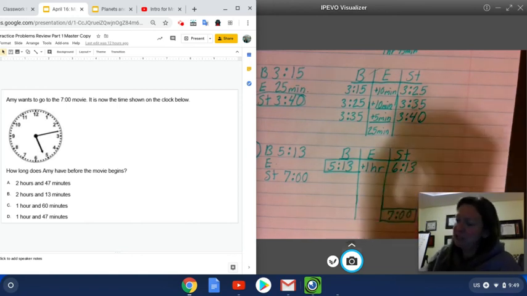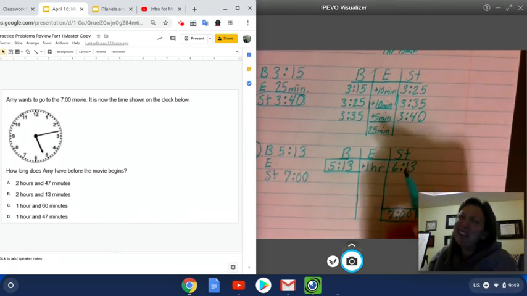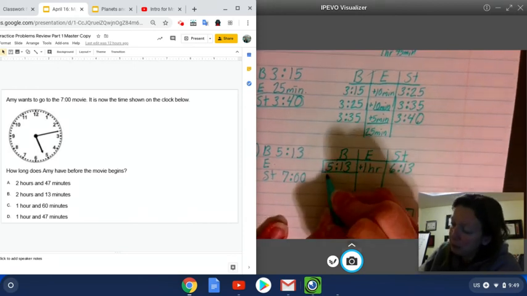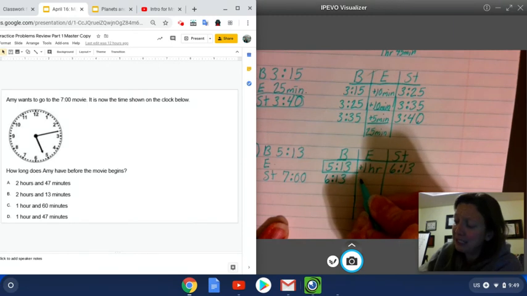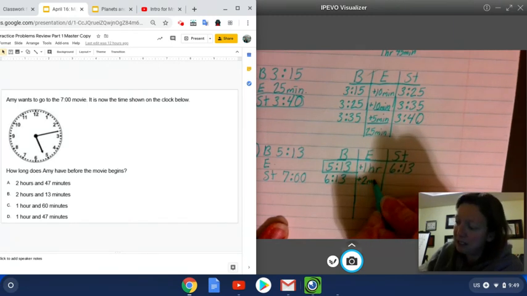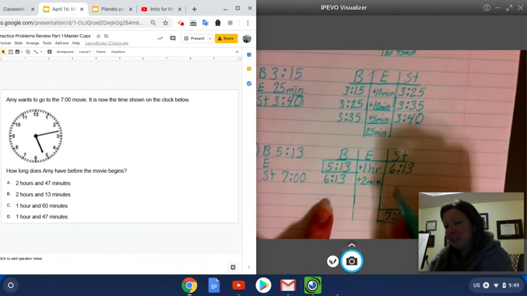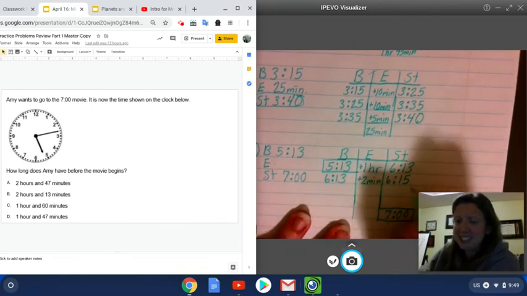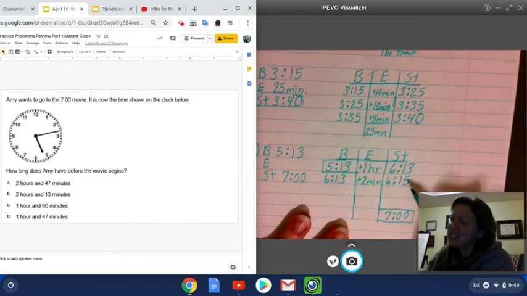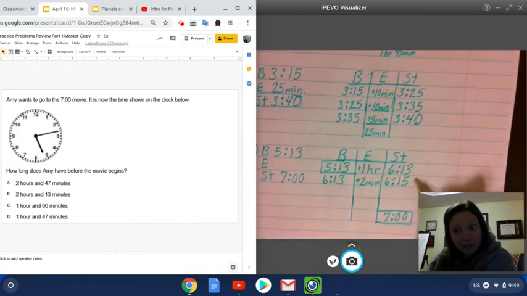I don't like this 13. It's not very pretty. So, what I'm going to do is I'm going to say it's 6:13, because I want to make it pretty. So I want to add 2 minutes because if I add 2 to 13, it's now going to be 6:15. Isn't 6:15 a lot easier to count by, right?